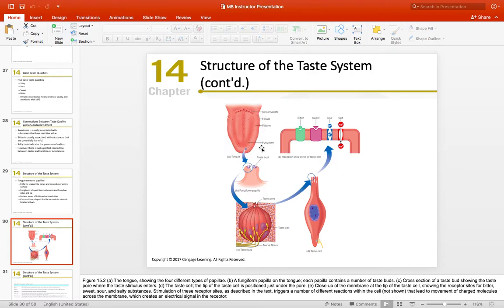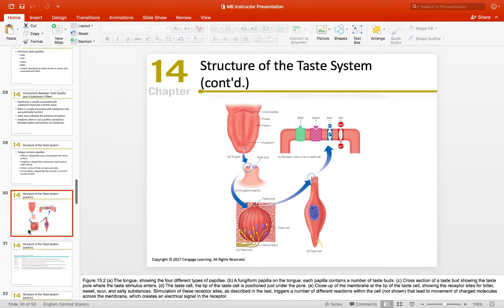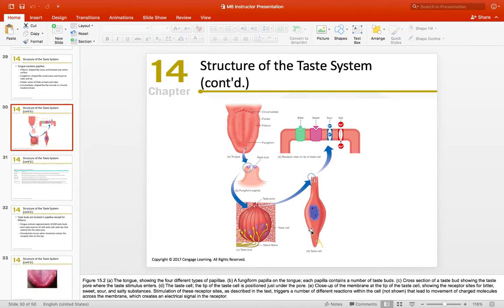The idea is that different substances activate different receptors, to a certain extent, for different types of substances like bitter, sweet, sour, and salty. Those signals then undergo transduction here, and ultimately the gustatory nerves are activated.